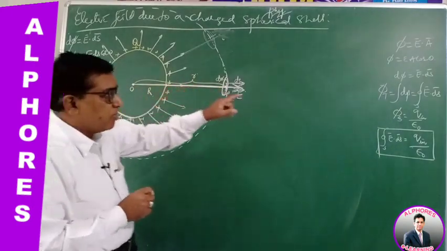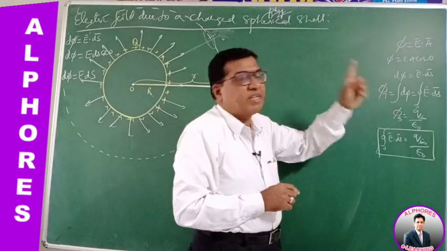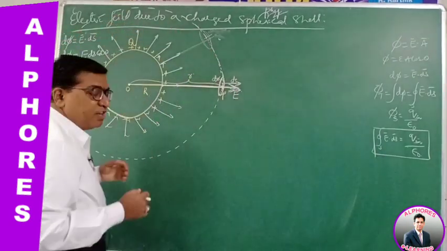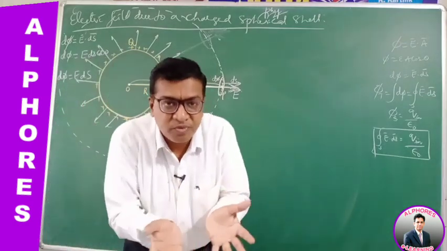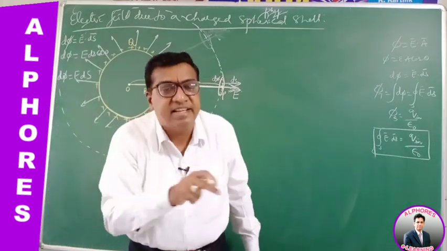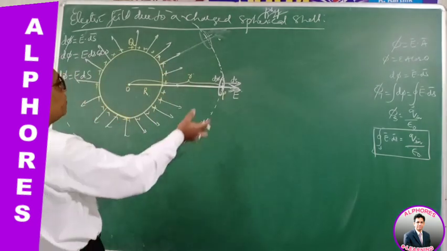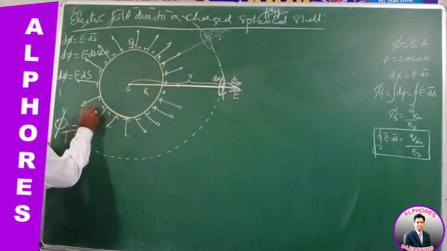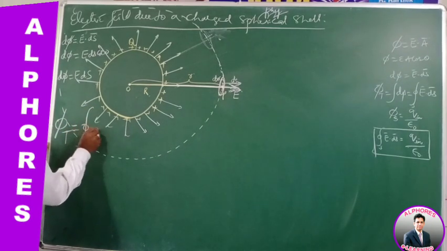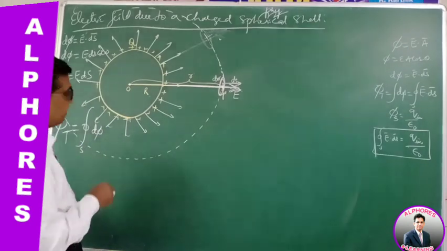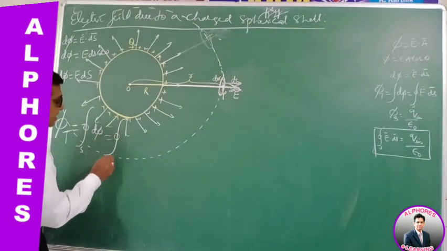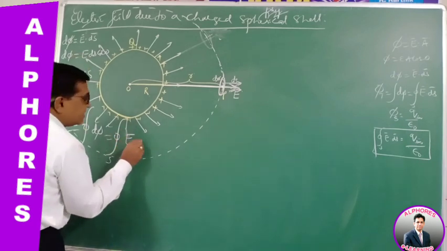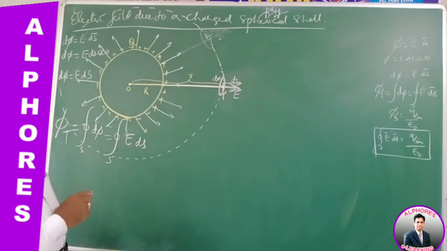Now this is the small element d phi, but if I have to find the total flux over the Gaussian surface, then you have to integrate over the total surface. So the total flux through the Gaussian surface is the surface integral of the individual flux through each element. So it is the surface integral of E dot ds, but E dot ds we have evaluated as E into ds.